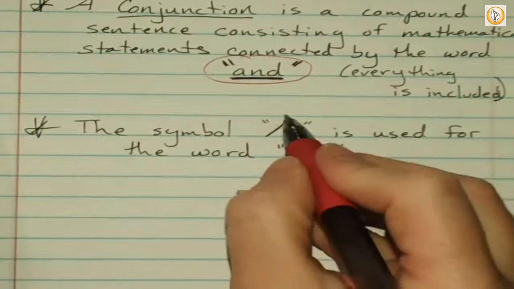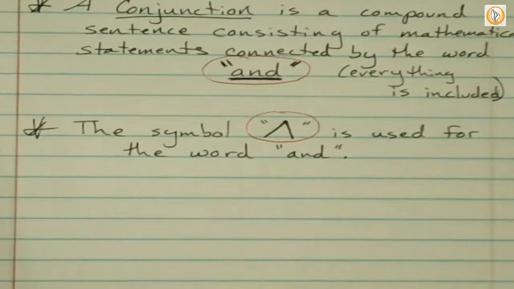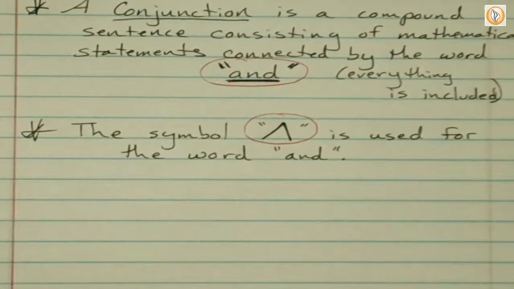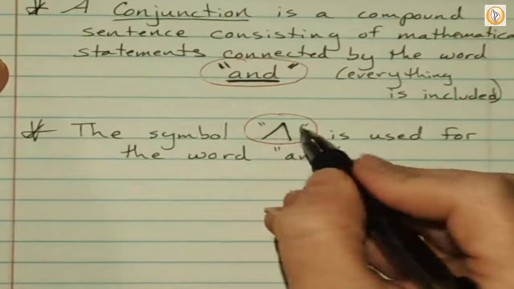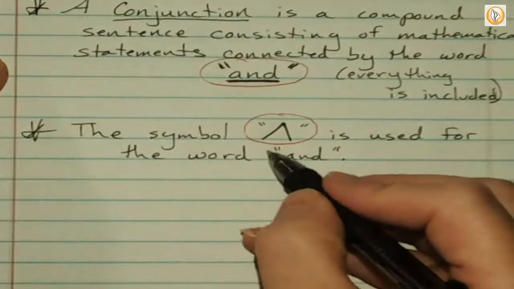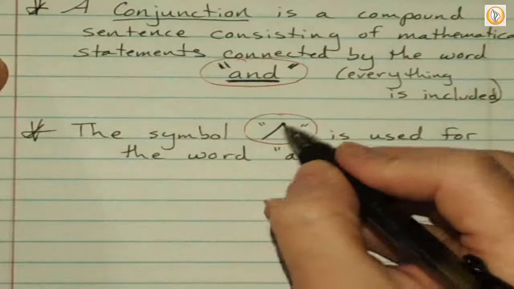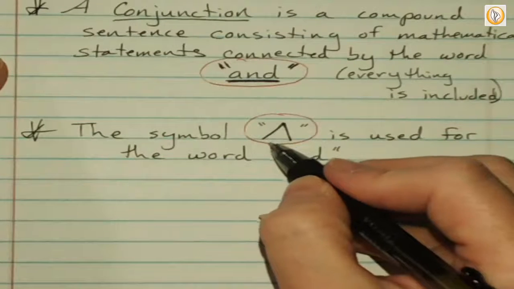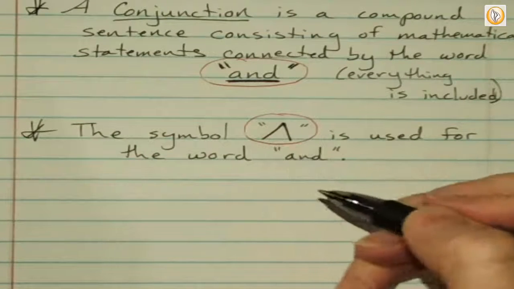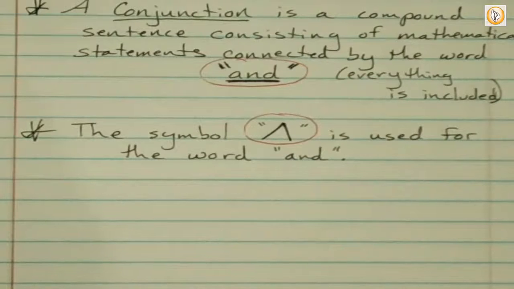So this is your symbol. Looks like a teepee. These are quotes, just like and. The symbol is not a teepee with wings or anything. It's just the teepee. Okay? Let me make that clear.